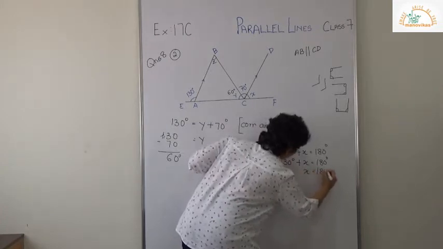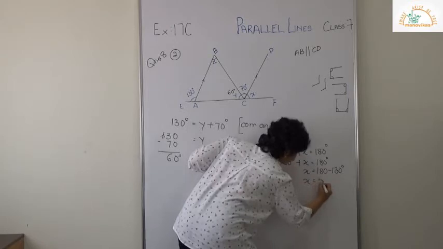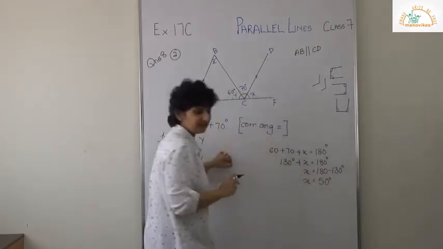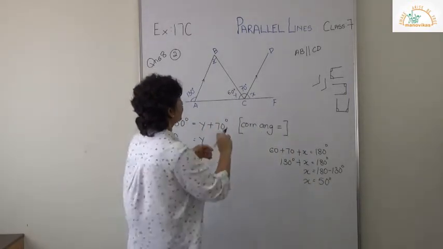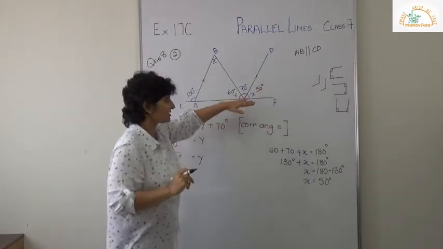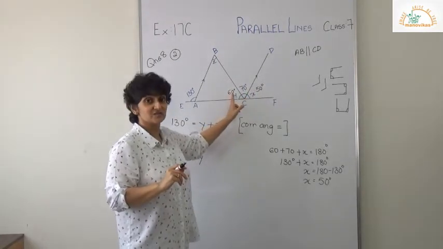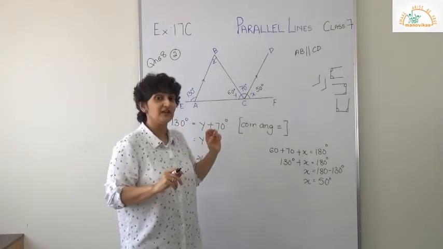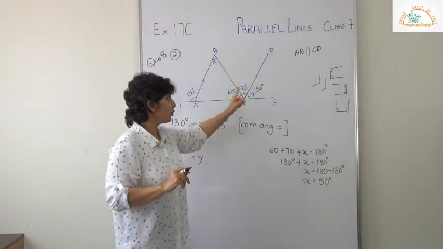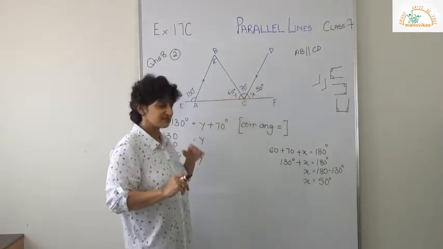X is equal to 180 minus 130 degrees. So my X is equal to 50 degrees. Now this is a straight line. So when you count, you must get it as 180. 70 plus 50 gives me 120. 120 plus 60, 180. So you know this is a straight line.